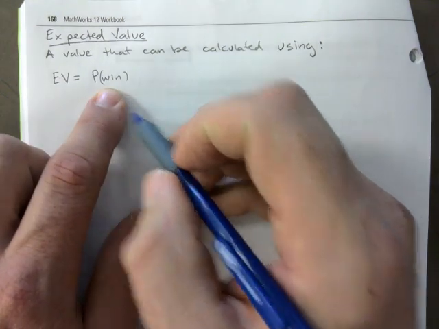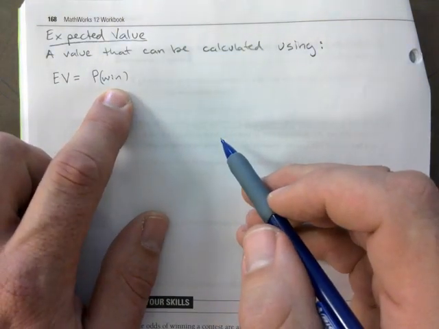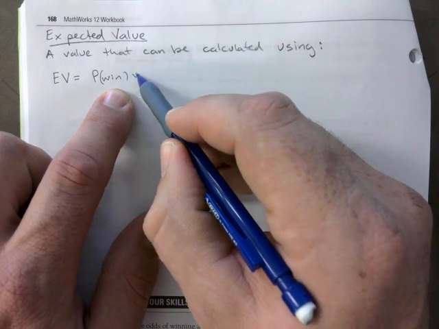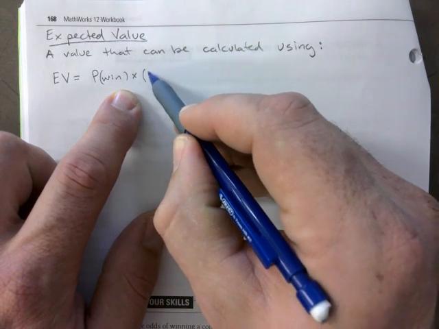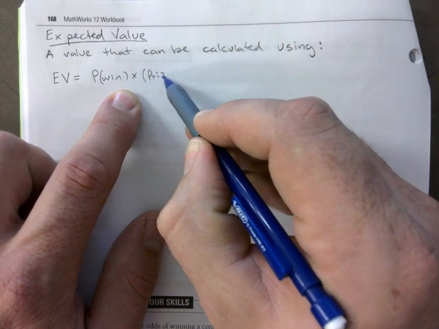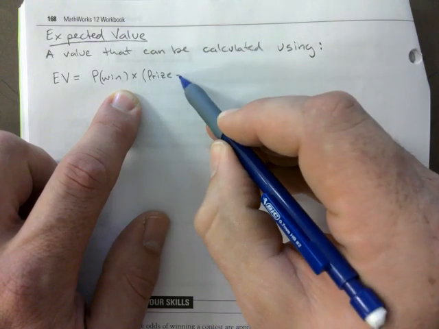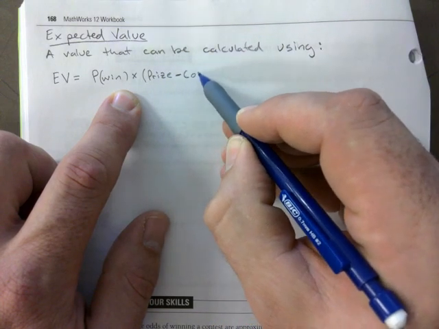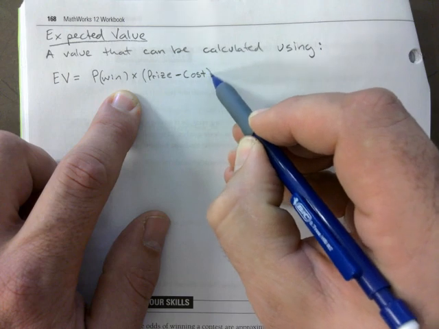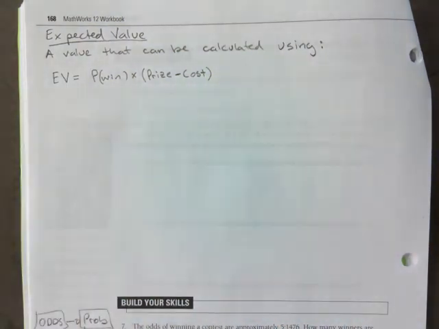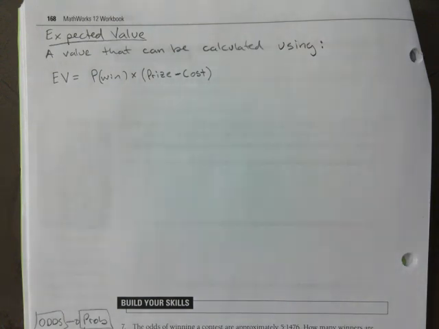Probability that you will win times the prize minus the cost of playing the game, on page 168. It's going to look a little scary, but trust me, you just plug in and you take your time. Two or three steps down the road, you got an answer.